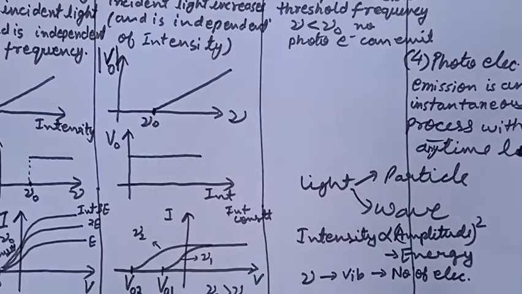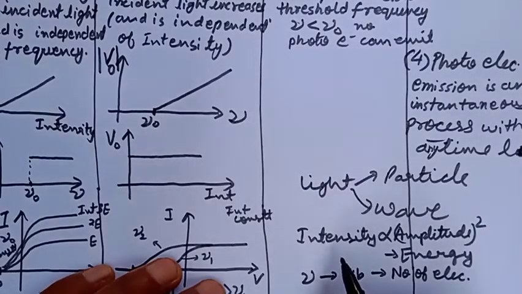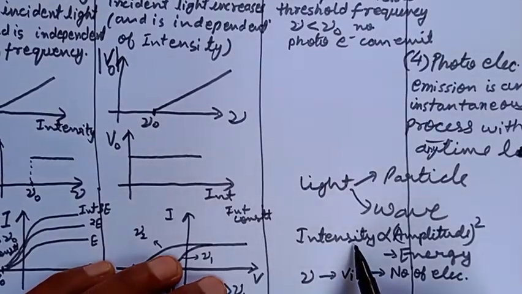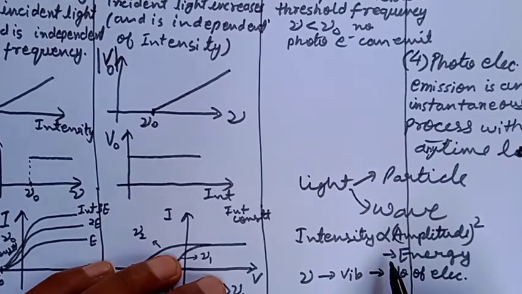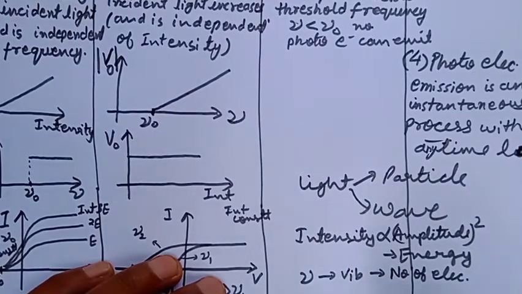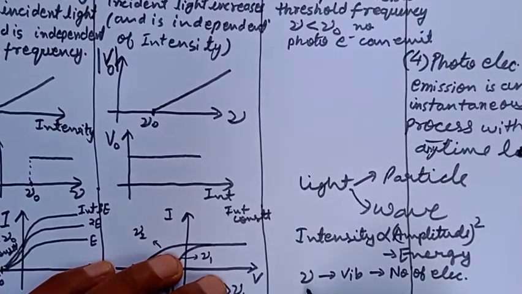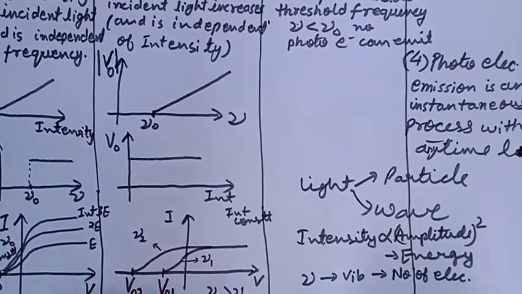Intensity is related to energy and emission of electrons, whereas frequency is related to vibration and the number of electrons that will be emitted.